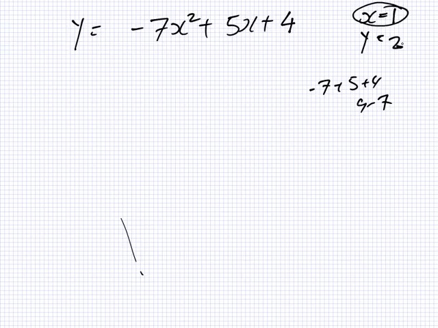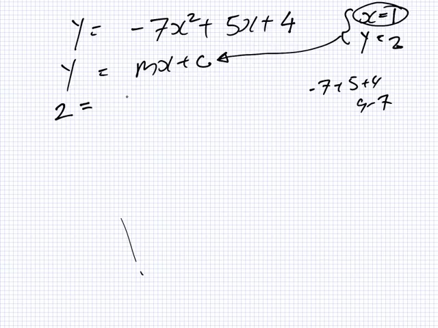But I guess I don't really need y. You have y equals mx plus c. But if I put this point in, I can figure out the c. I have 2 equals m plus c, so c equals 2 minus m.